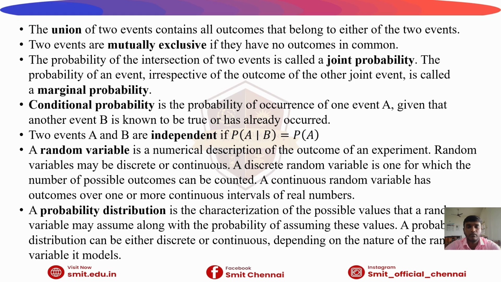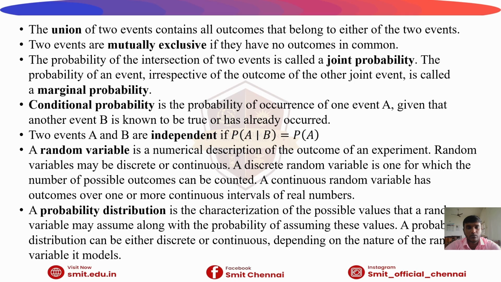A random variable is a numerical description of the outcome of an experiment. It may be discrete or continuous. A discrete random variable is one for which the number of possible outcomes can be counted. A continuous random variable has outcomes over one or more continuous intervals of real numbers.